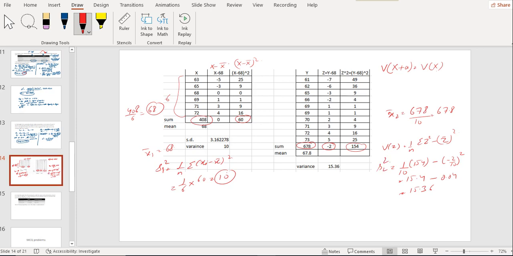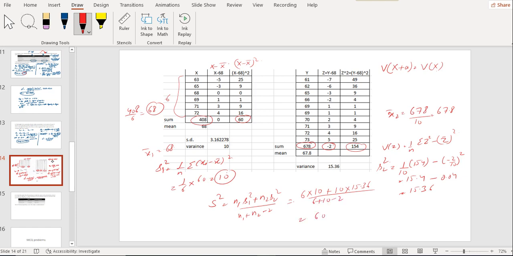So if I use these particular values, what is the value of capital S square? It is (N1 S1 square plus N2 S2 square) upon (N1 plus N2 minus 2). So N1 is 6, S1 square is 10, N2 is 10 and its variance is 15.36, divided by 6 plus 10 minus 2, that is 14.